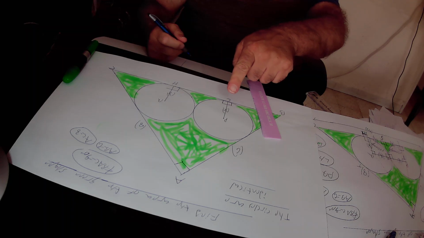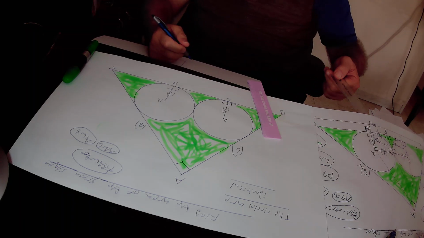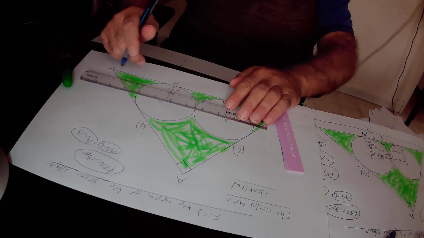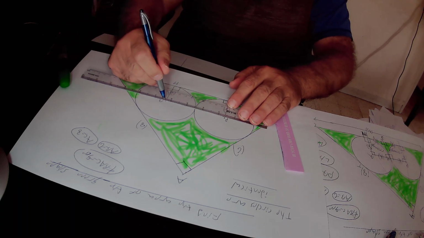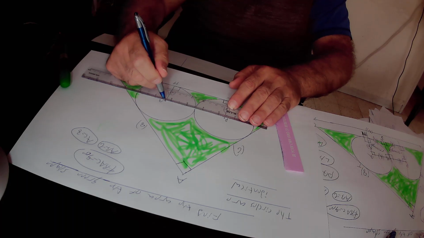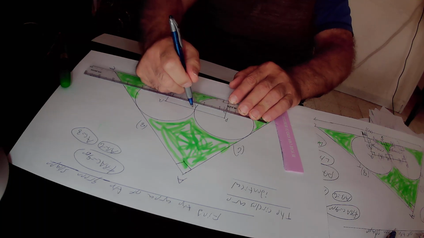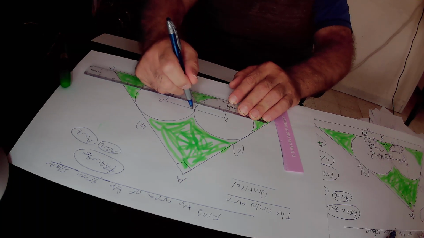We have PQ. That is the straight line that connects the centers together. It passes through point N according to rule 10.